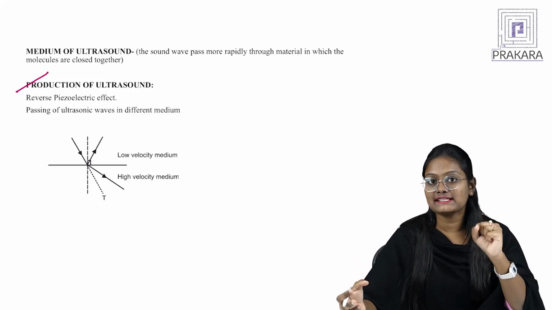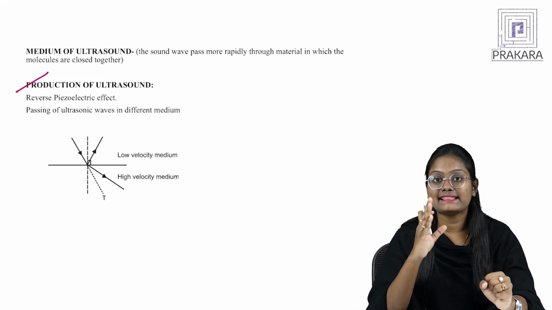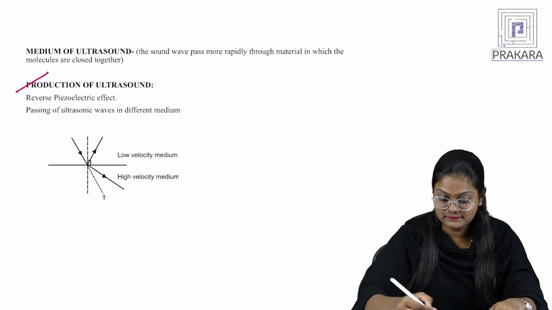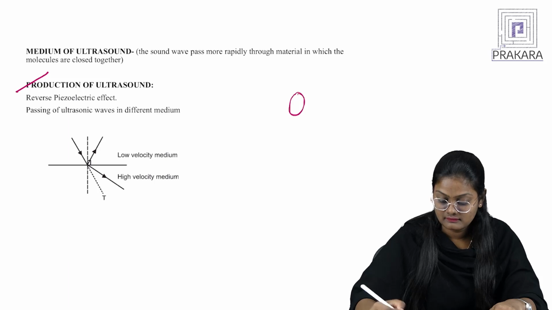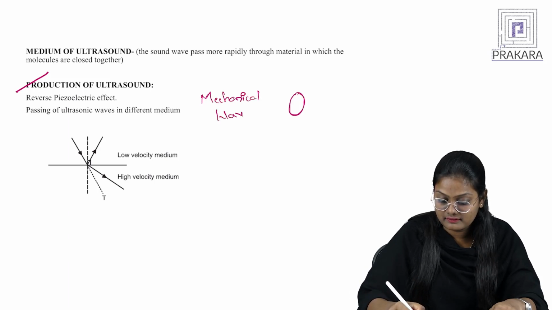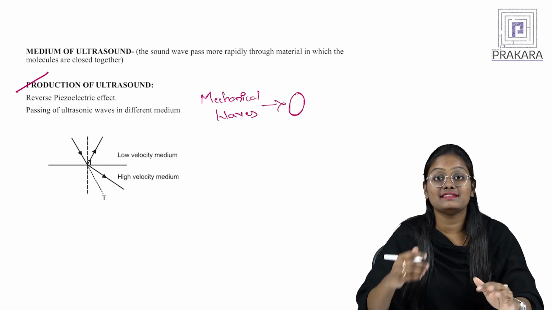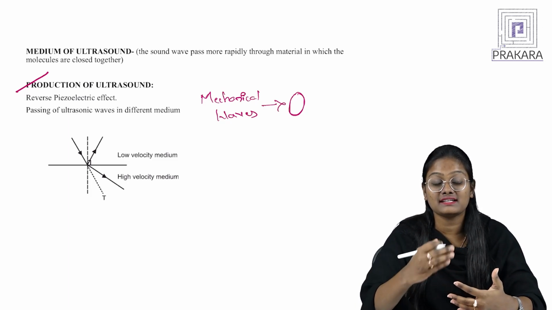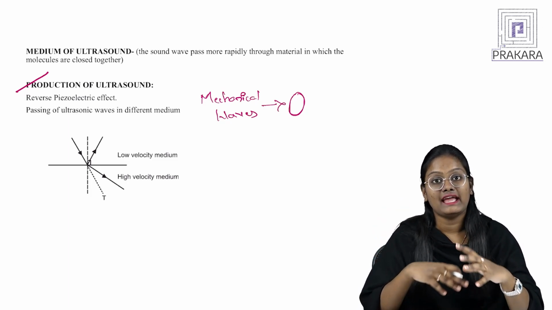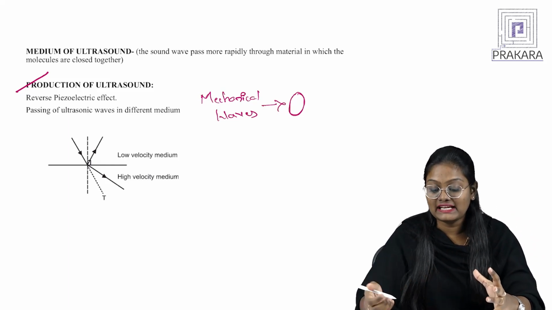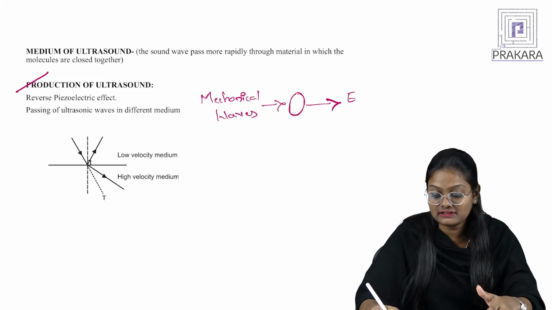So when you take a crystal, see, this is a crystal, and you send mechanical waves through it. When these mechanical waves pass through the crystal, a potential difference occurs in the crystal, the shape of the crystal deforms, it changes its form, and it produces electrical waves.